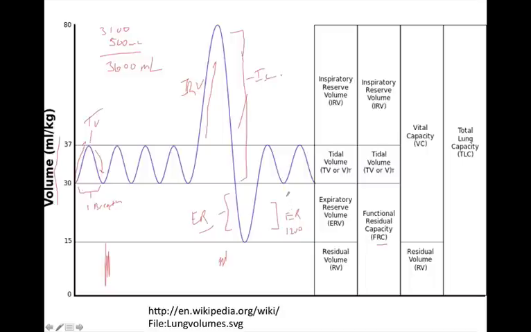You put the two together, and what do you get? 2,400. Remember, we said the average expiratory reserve is 1.2 liters, and the residual volume on average is 1.2 liters as well.